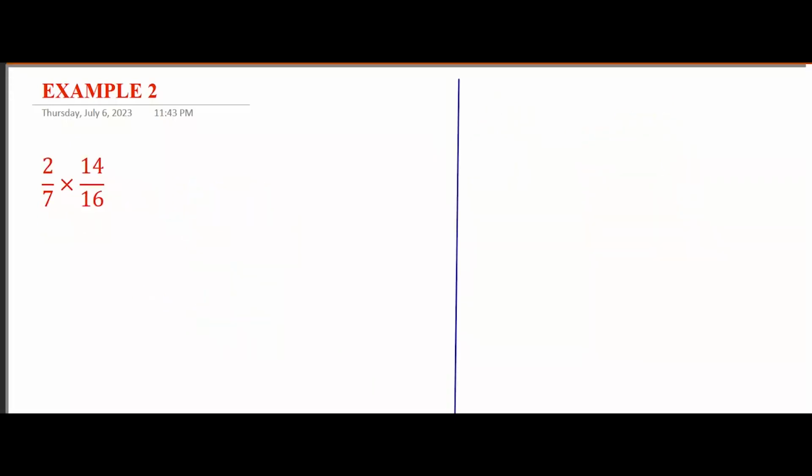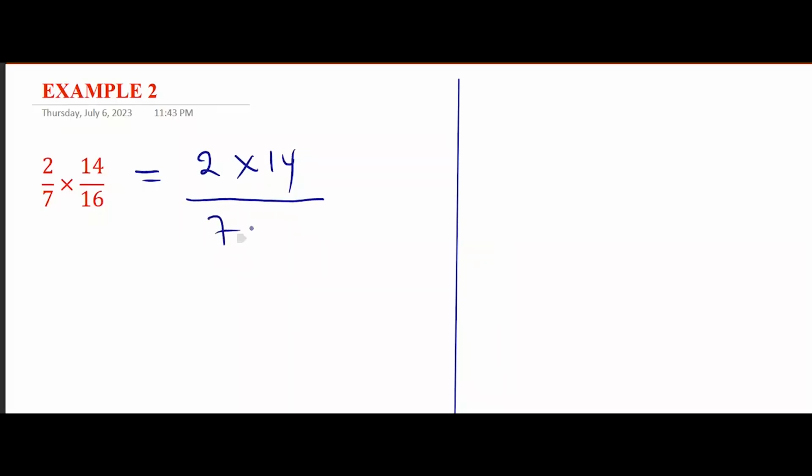So let's look into another example. So this will be equals to 2 by 14 everything over 7 by 16. So 2 by 14 will give you 28 out of 7 times 16. So you can do it like this: 16 times 7. 7 times 6 is 42.